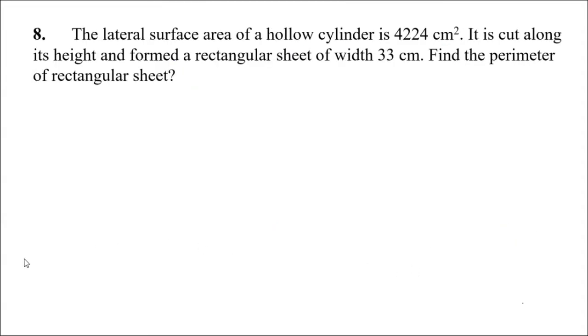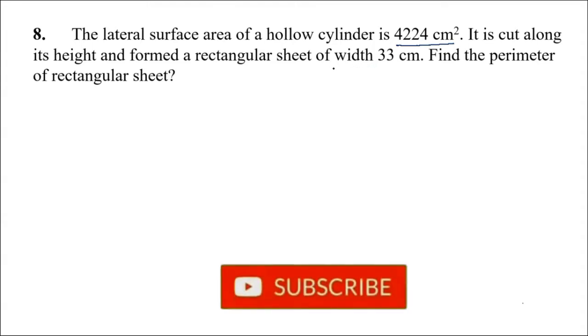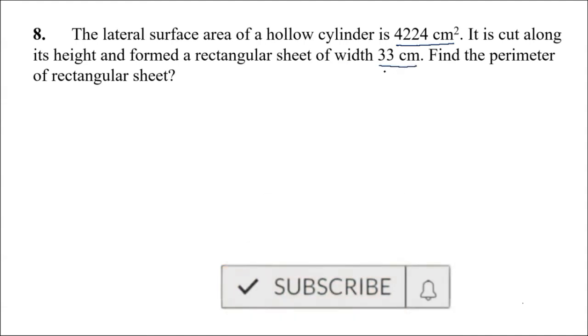Question number 8. The lateral surface area of a hollow cylinder is 4224 centimeters square. It is cut along its height and formed a rectangular sheet of width 33 centimeter.